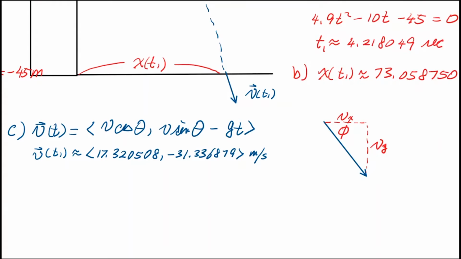So let's calculate the speed. Speed is equal to the square root of Vx squared plus Vy squared. You with me? Then you run the calculator and you should get 35.80527.